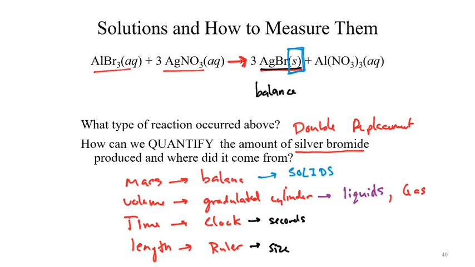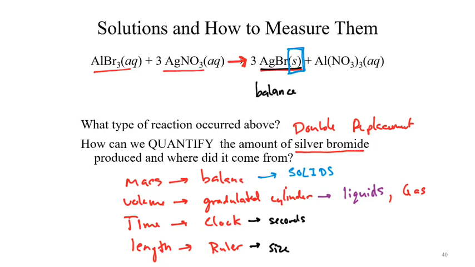If we're looking at this from the chemist's point of view, let's say silver bromide is an exceptionally useful thing. I want to know how much I can make before I start making it. Because if I start making it and it makes thousands of tons of silver bromide, that's probably something I don't want to make in my house because it could kill me.